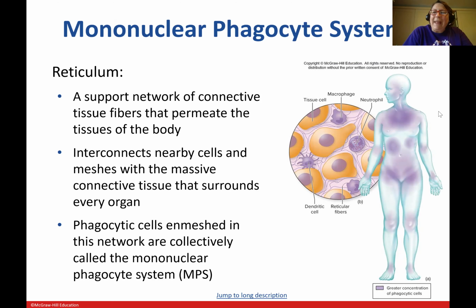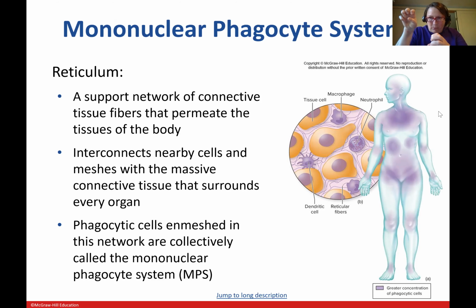Okay, and we have phagocytes basically built into that reticulum all around the outsides of all of our organs. Okay, again, that whole system together is referred to as the mononuclear phagocyte system. They're calling it MPS.